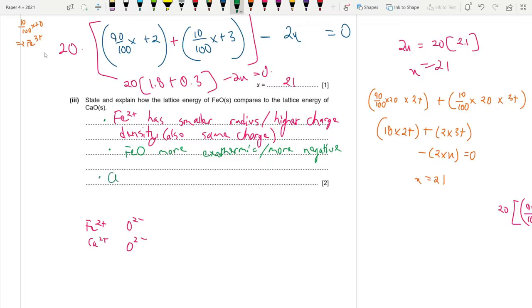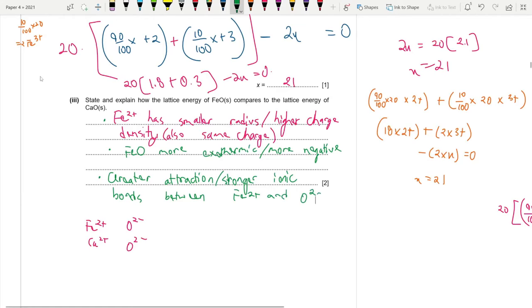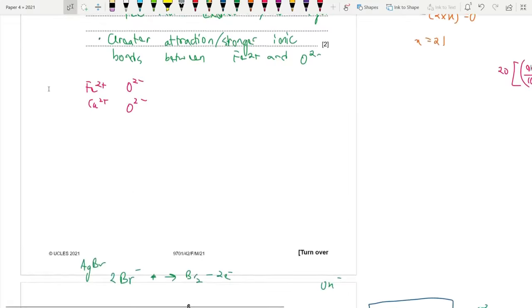This is because there is greater attraction or stronger ionic bonds between Fe2 plus and O2 minus, the oxide anion, compared to calcium and the oxide anion. Okay.